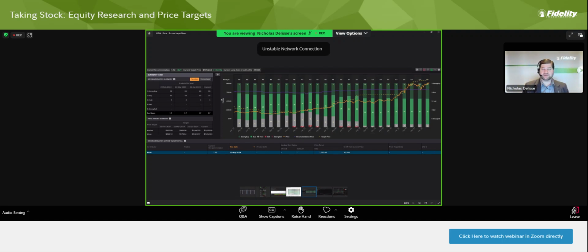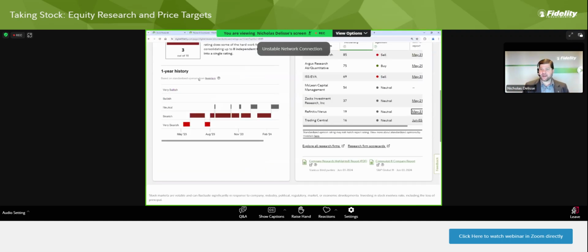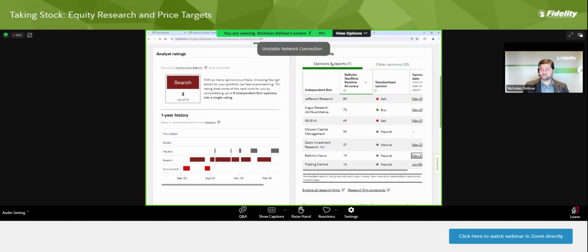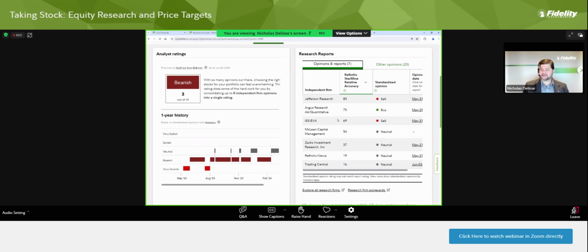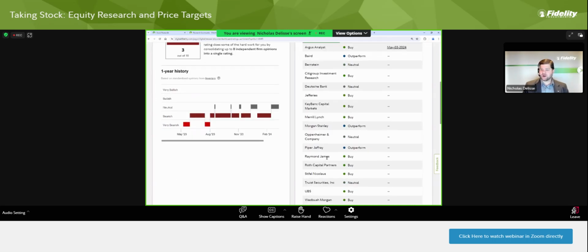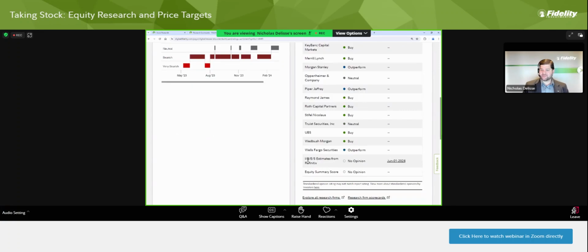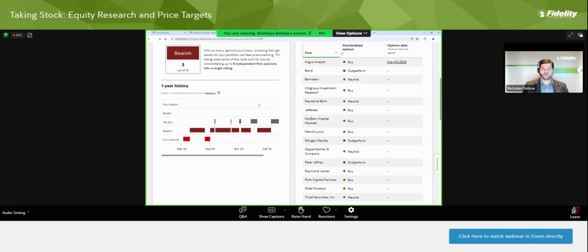And if we pull this back up and shift back over here, we can see underneath opinions and reports some ISS EVA information, some other quantitative information on here, and this IBES estimates from Refinitiv.